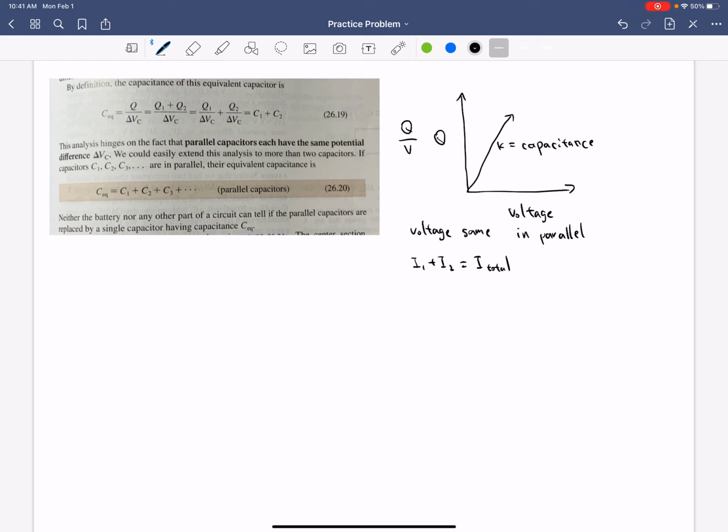So right here we can see that the voltage stays the same since it's a parallel circuit, and then you add up the current. Current is essentially charge over second, coulomb over second. So you just add up Q1 and Q2, and after combining them and doing some algebra, you get this equation: C equals C1 plus C2. Oh, it's C total right here.